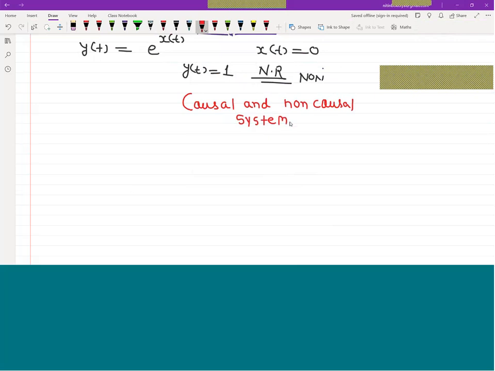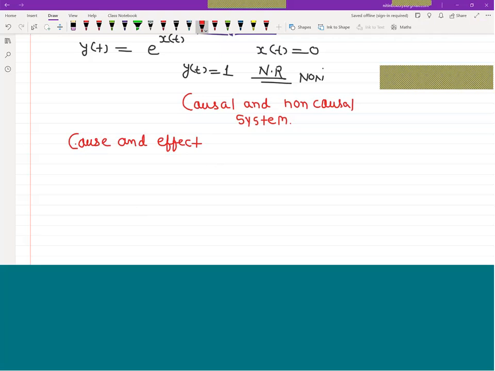So what I can say, causal means cause and effect. कि पहले cause होगा फिर effect होगा, that system is known as cause and effect.